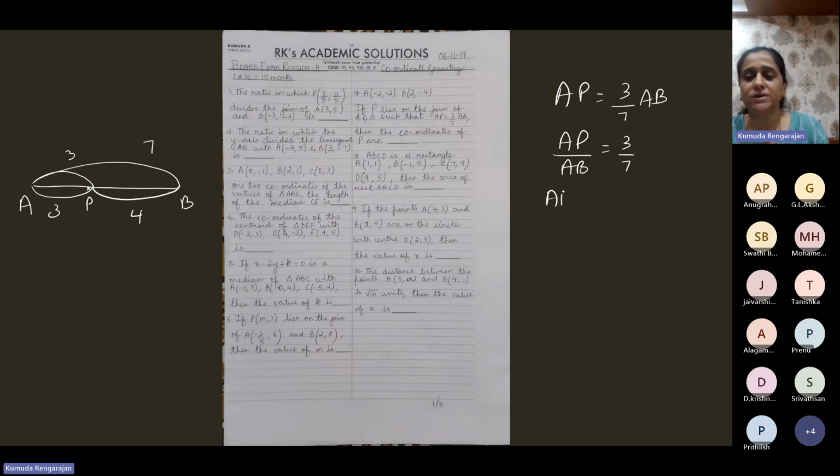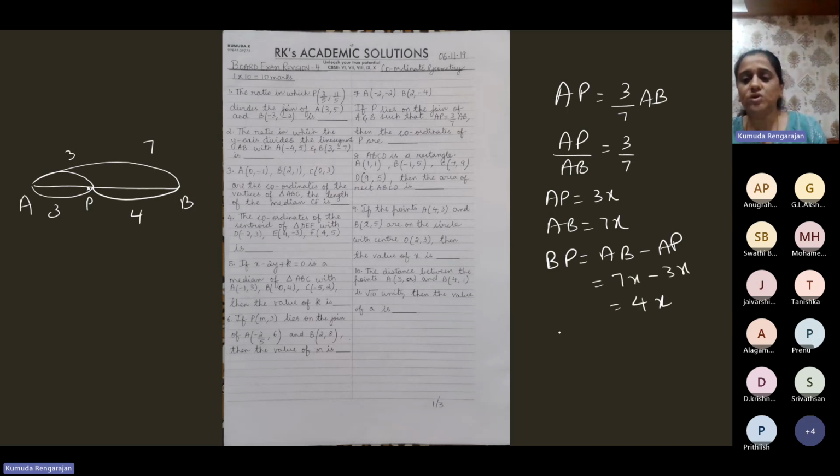So AP is 3x and AB is 7x. Now, what is PB? PB is AB minus AP. So AB is 7x minus AP is 3x, which is 4x. So the ratio AP by PB is 3x by 4x, which is 3 by 4.